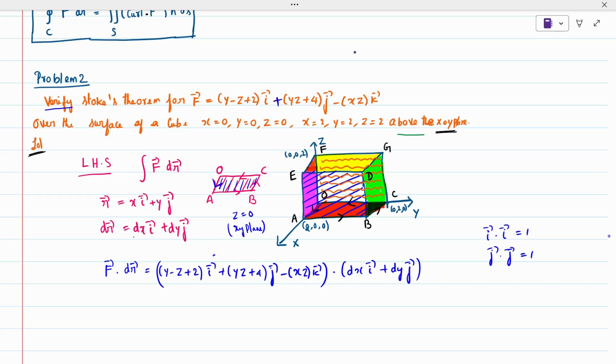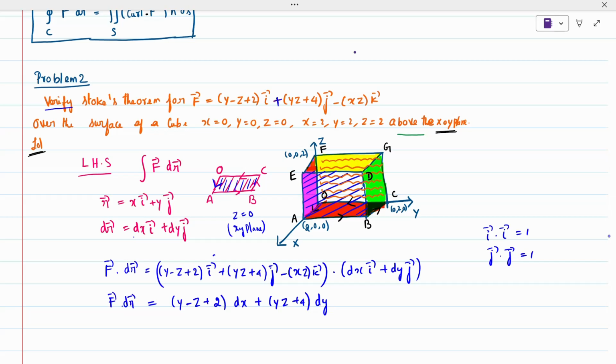So multiply it: i into i is 1, j into j is 1, and the remaining multiplications are 0. So we get (y minus z plus 2) dx plus (yz plus 4) dy. So this is our F · dr.